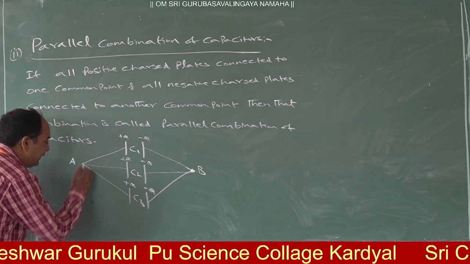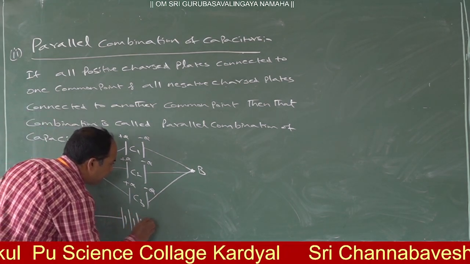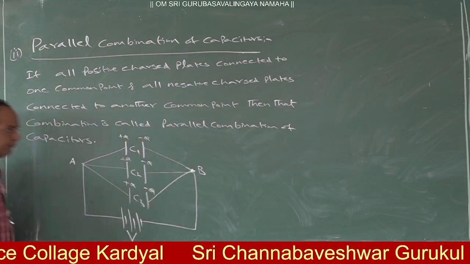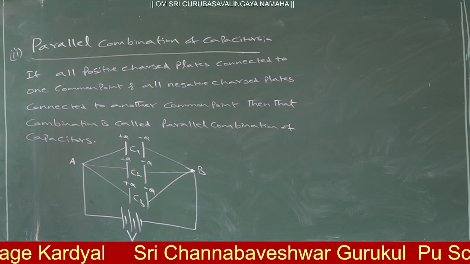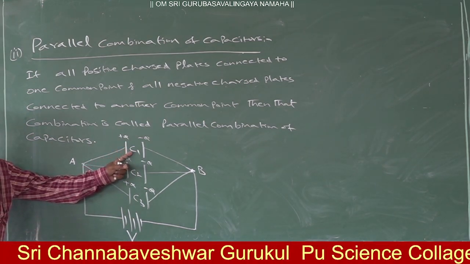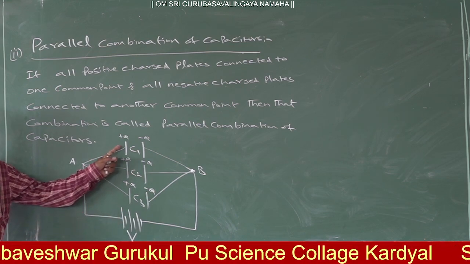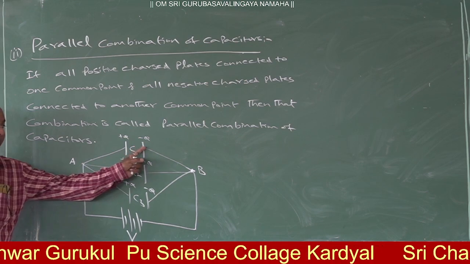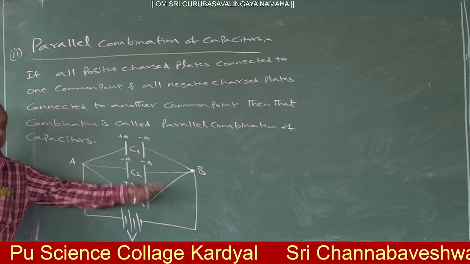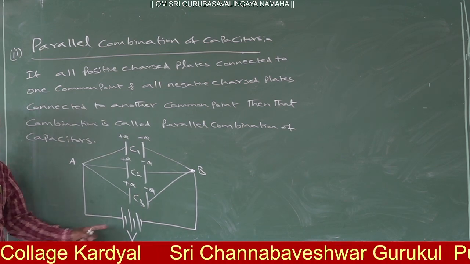Now here A and B are connected to a battery of potential V. Now try to tell, across the C1 capacitor what is the potential? V. Why? This plate is connected to A, this plate is connected to B, A is connected to here, B is connected to here. So across C1 capacitor, what is the potential?